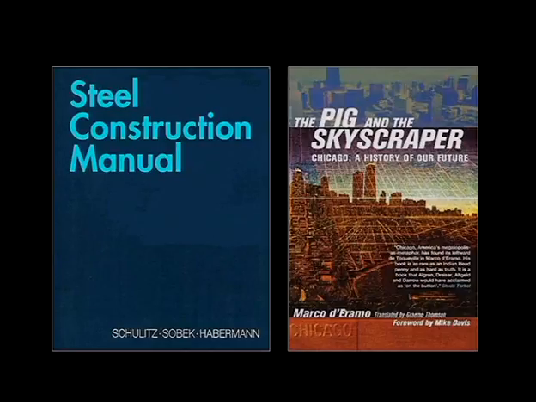The book on the right is a translation of an Italian book, and it's very interesting because it focuses on the city of Chicago. It's a city full of inventions. A lot of technology happened there, especially in the 19th century.